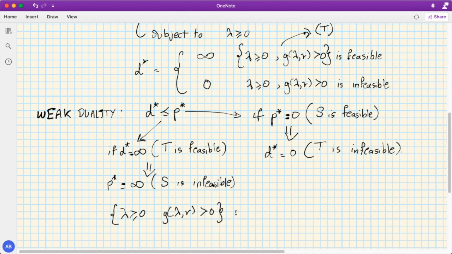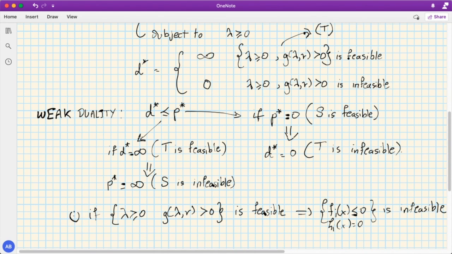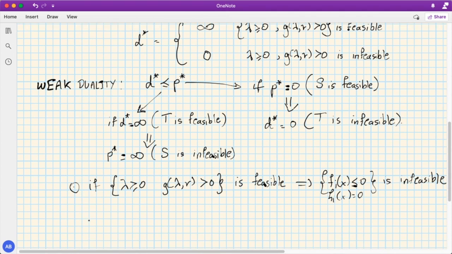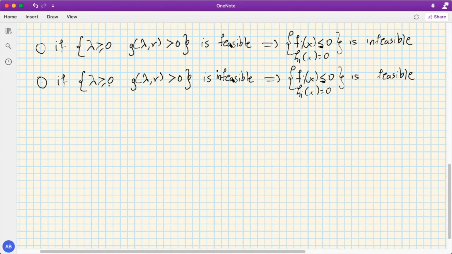If this set is feasible, then my initial set S, that is f_i of x negative and h_i of x equal to 0, is infeasible. So this is the first case. And the second case would be if set T is infeasible, then my set S has to be feasible. Okay?